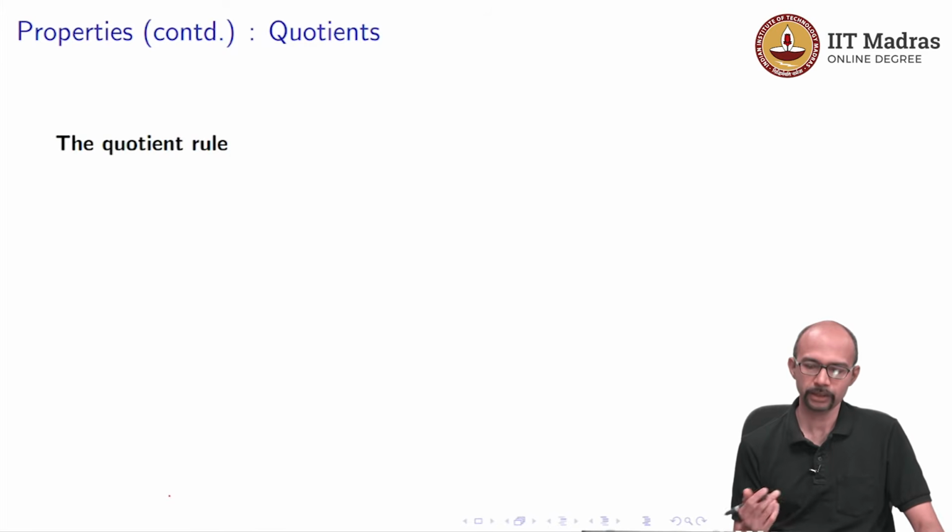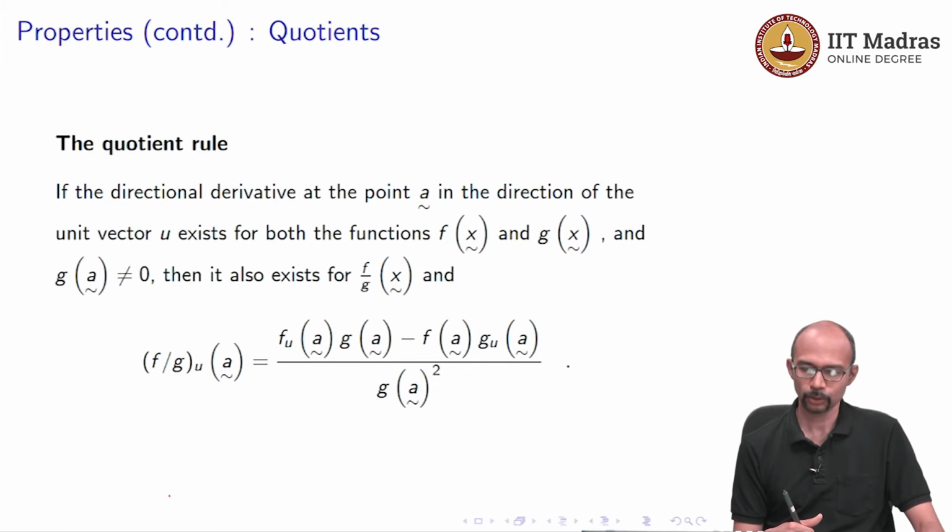Okay, and finally, we have the quotient rule. So, again with the same hypothesis, but here we need that the denominator g at a is not 0. In that case, the directional derivative at a in the direction of the unit vector u also exists, and it is given by this formula.